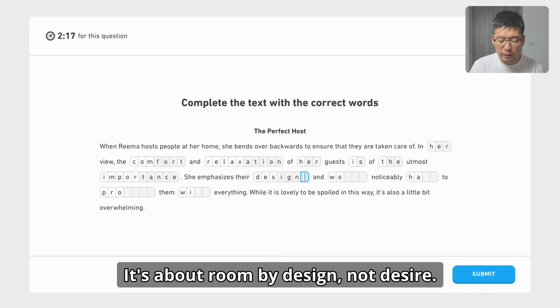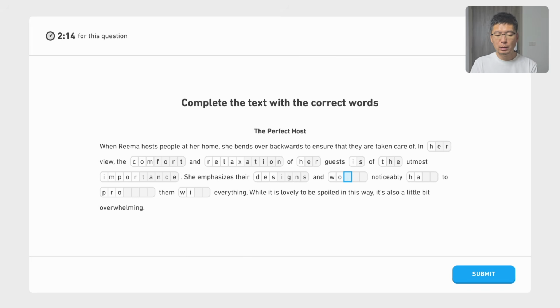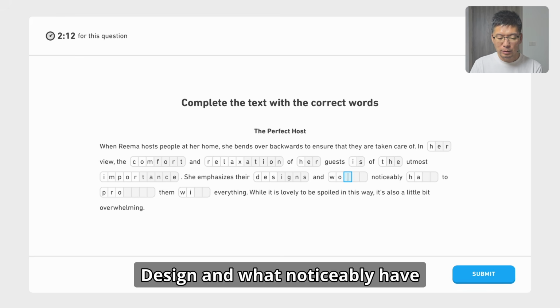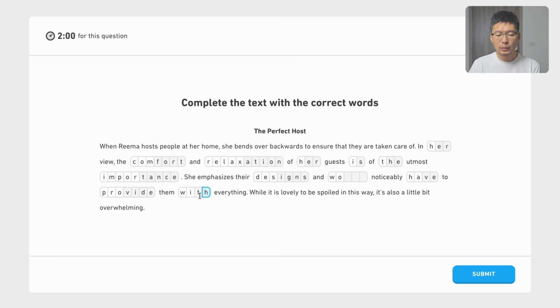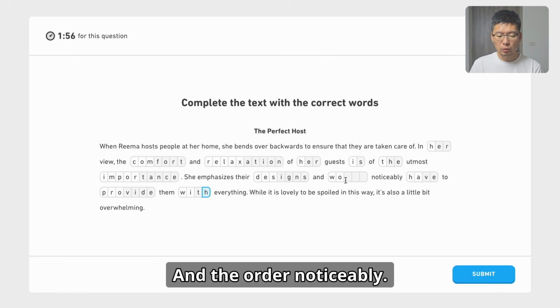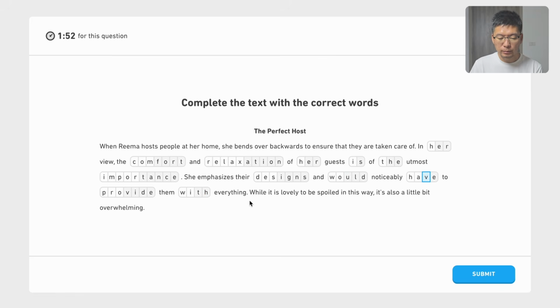It's about room, right? Design, not desire. Designs and what, noticeably. Have to provide them with everything, and would, noticeably. Okay.